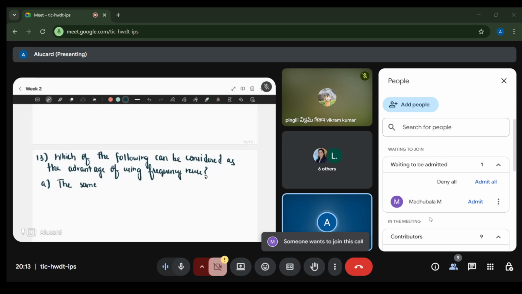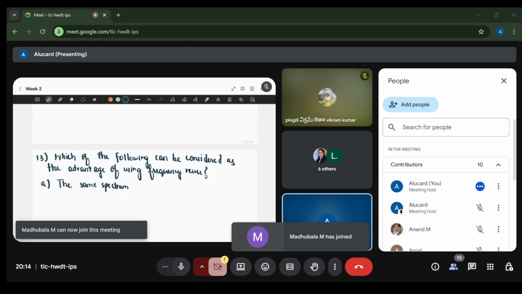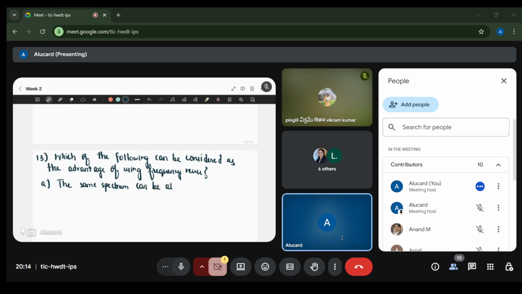The same spectrum can be allocated to the other cells.